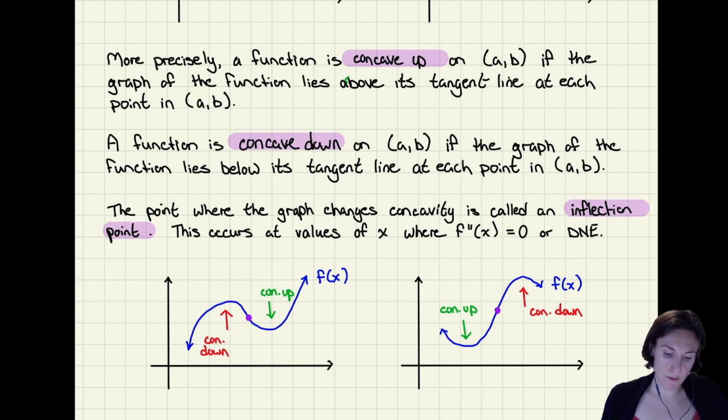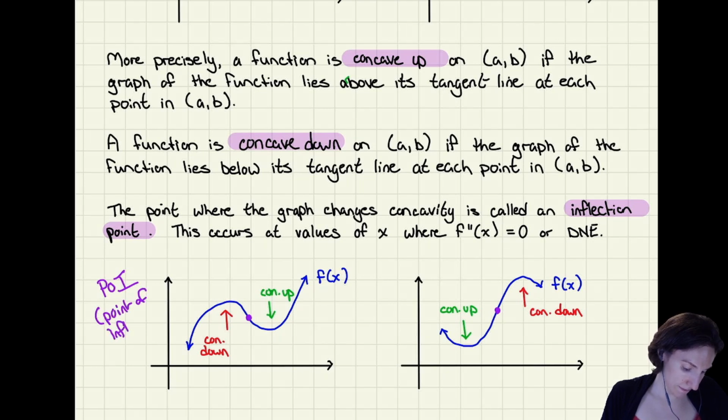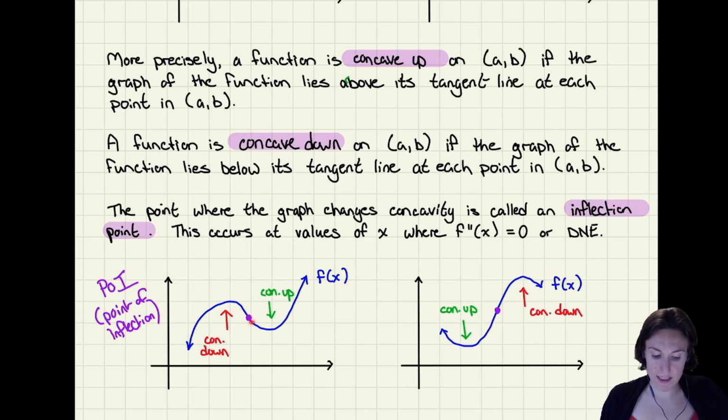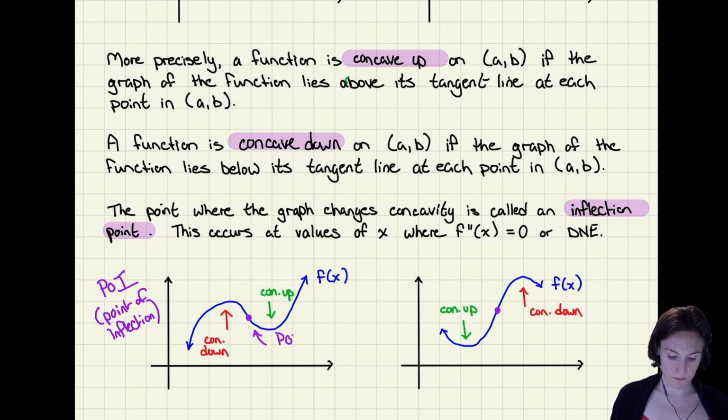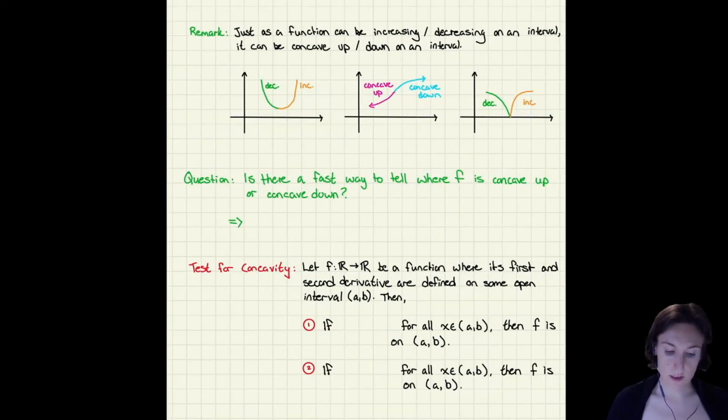The point of inflection, as it's sometimes also called, POI, will be point of inflection, by the way. So in these pictures, roughly this is where the point of inflection is in the first one, and in the second one, that's roughly where the point of inflection is. Okay. So that's the general idea of concavity.